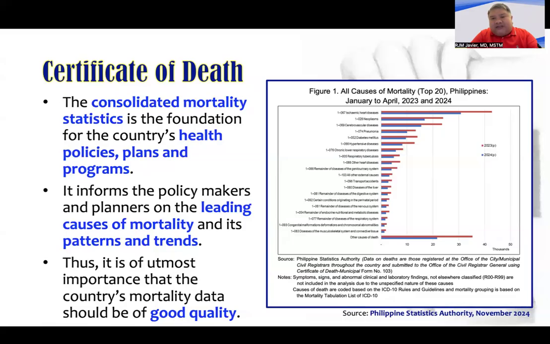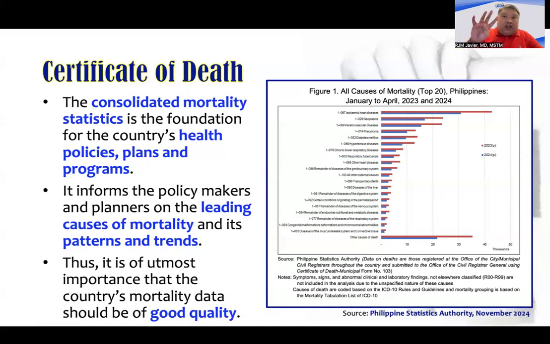Because this is the latest information that we do have, there is a possibility there have been changes, but I am of the opinion the changes would just be a difference in the ranking, but more or less it's the same causes of death among Filipinos, with ischemic heart disease, malignant neoplasms, cerebrovascular diseases or stroke, and diabetes mellitus considered to be in the top five.